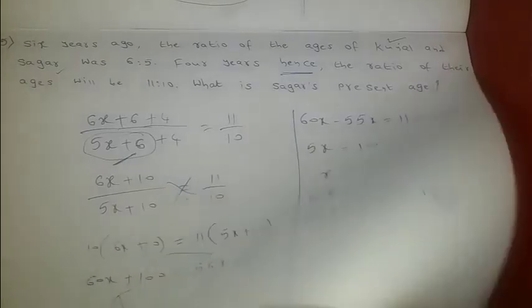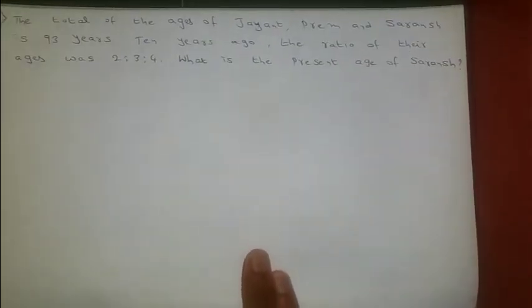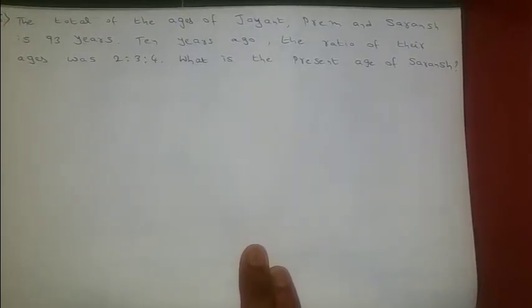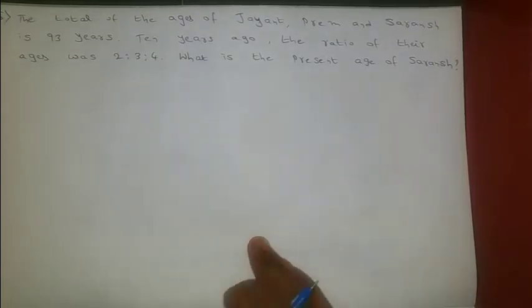Okay, let's move to next question. The next question is, the total of the ages of Jayant, Prem and Saransh is 93 years. 10 years ago, the ratio of their ages was 2 is to 3 is to 4.